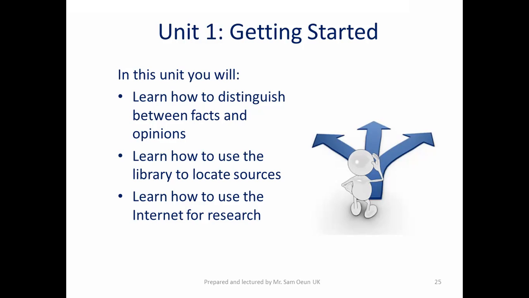Then you go there and there are thousands of books, and you don't know where it is located. So you spend almost a day just looking for the book. And also we need to learn how to use the internet for research.